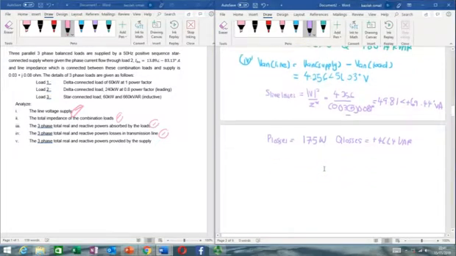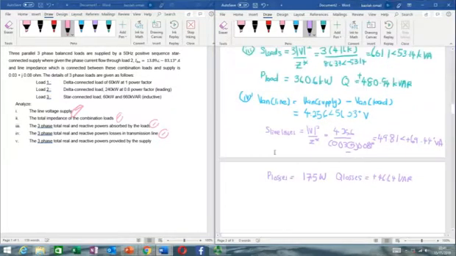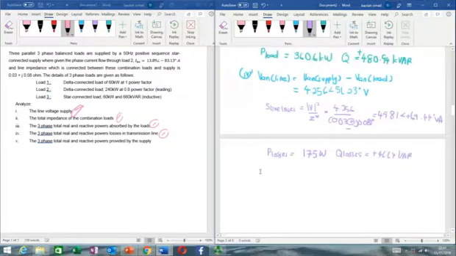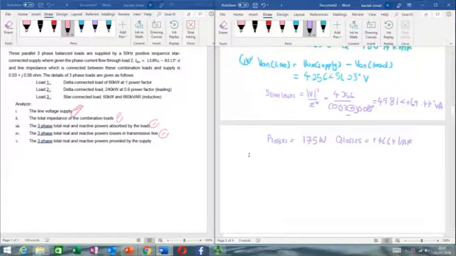You can calculate it by using S supply equals VI conjugate.